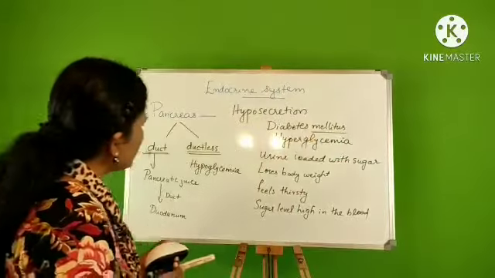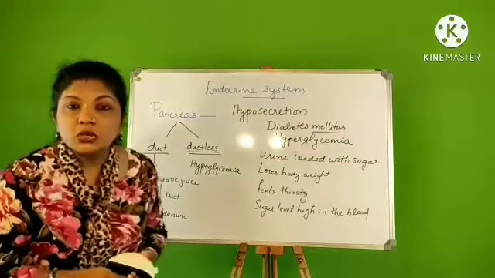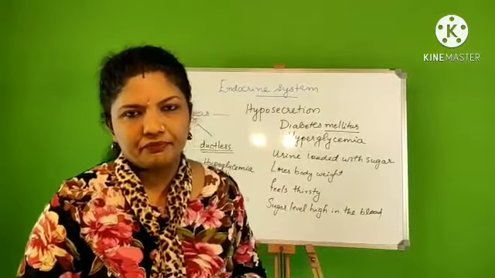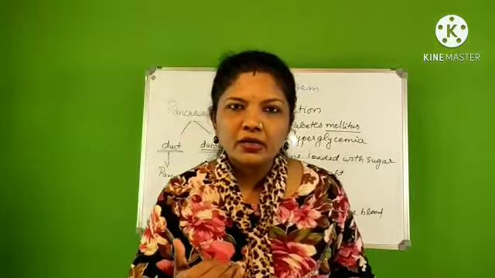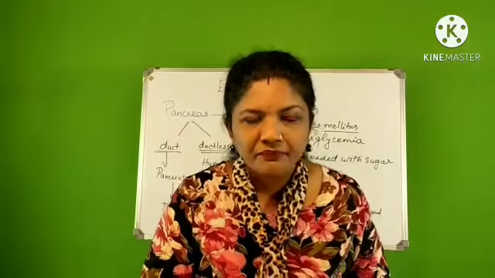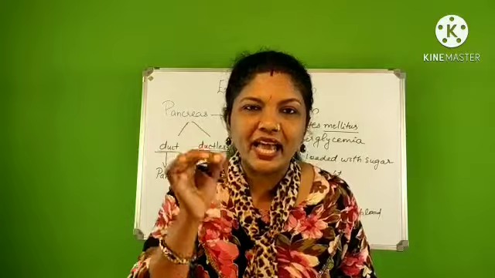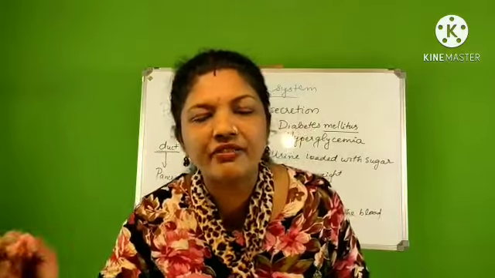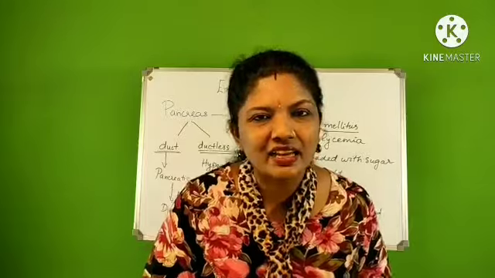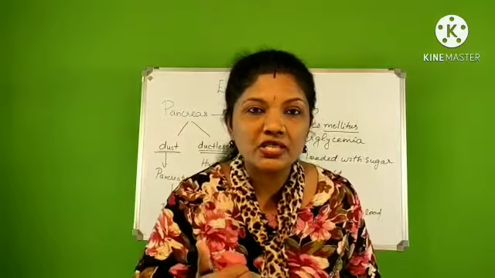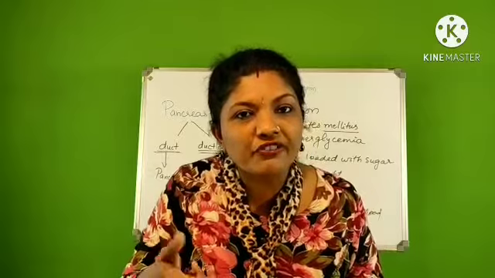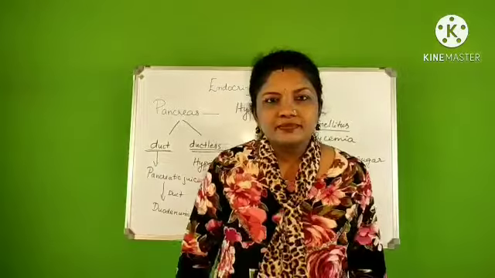Now let us discuss the function of glucagon. What is the function of glucagon in the body? Glucagon is a hormone produced by which cell? It is produced by the alpha cells of islets of Langerhans. It stimulates the conversion of glycogen into glucose, thereby increasing the amount of glucose in the blood.